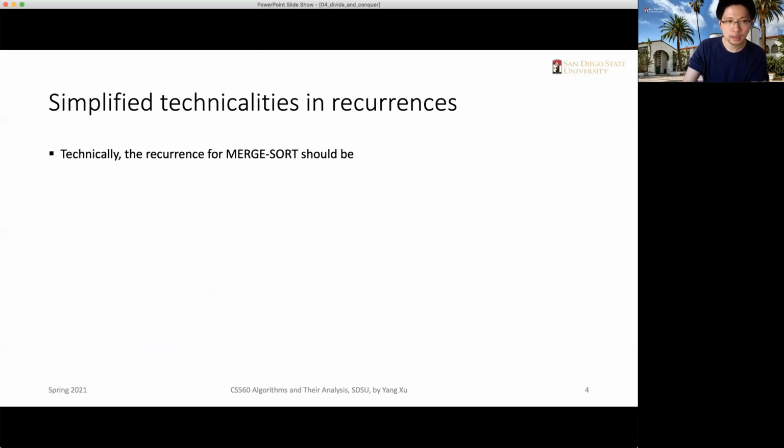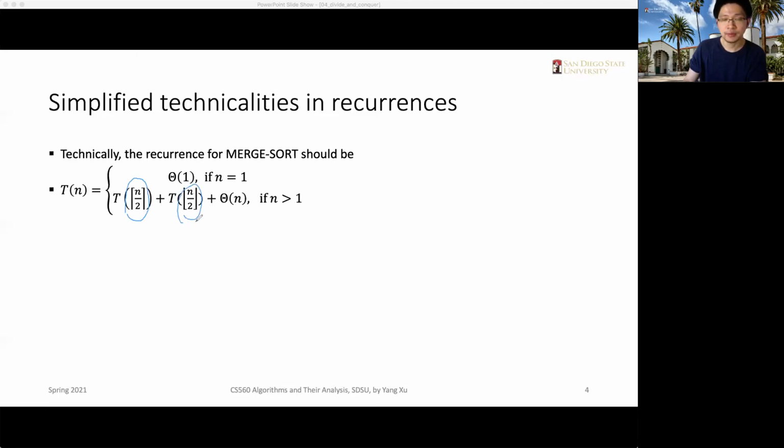So in terms of writing recurrence equations in a more convenient style, we can use some simplified techniques. Technically, the recurrence of merge sort should be written this way, with the ceiling and the floor, because the length of the input is not necessarily an even number.